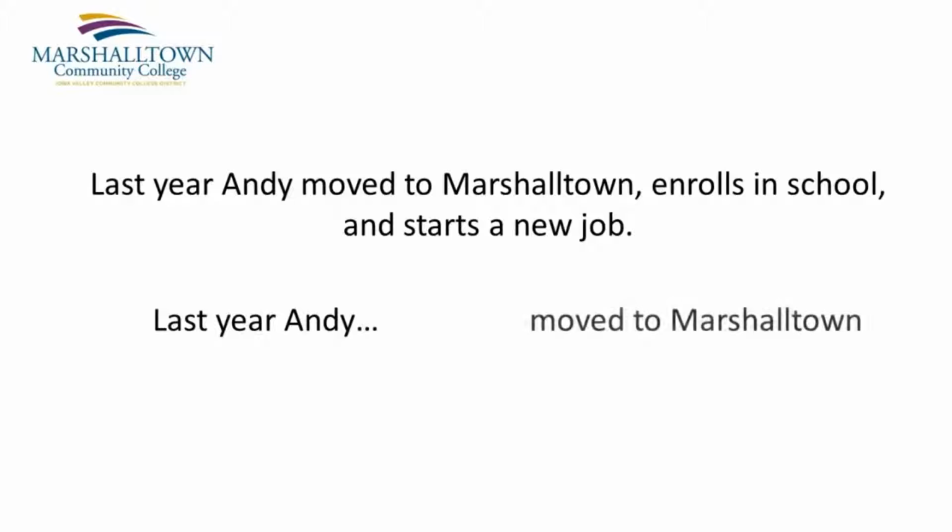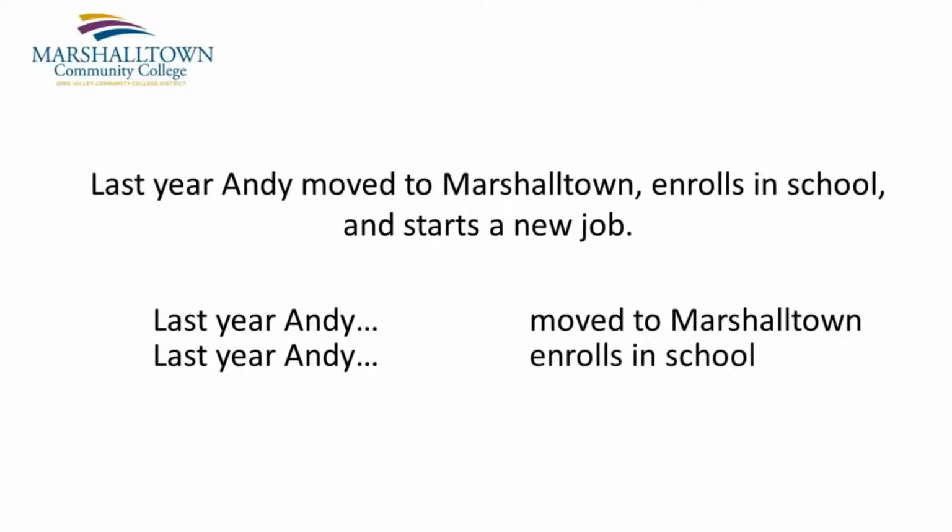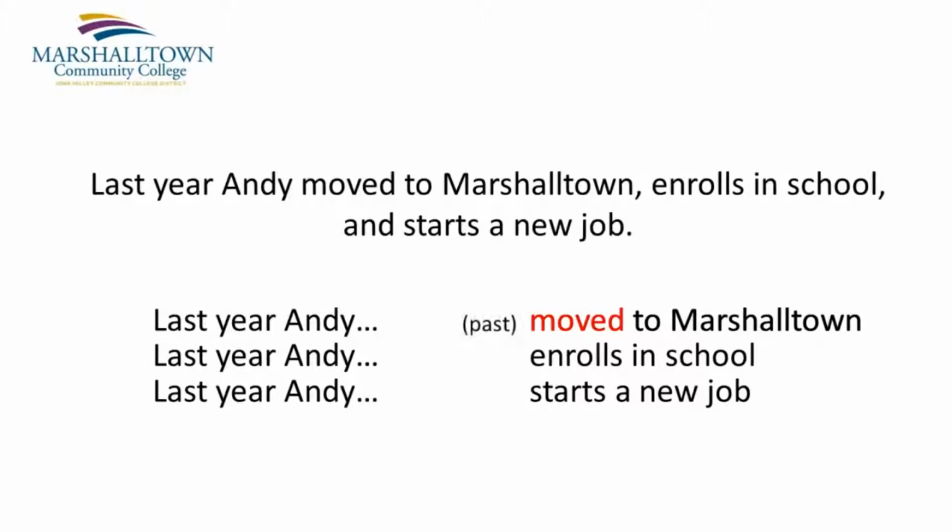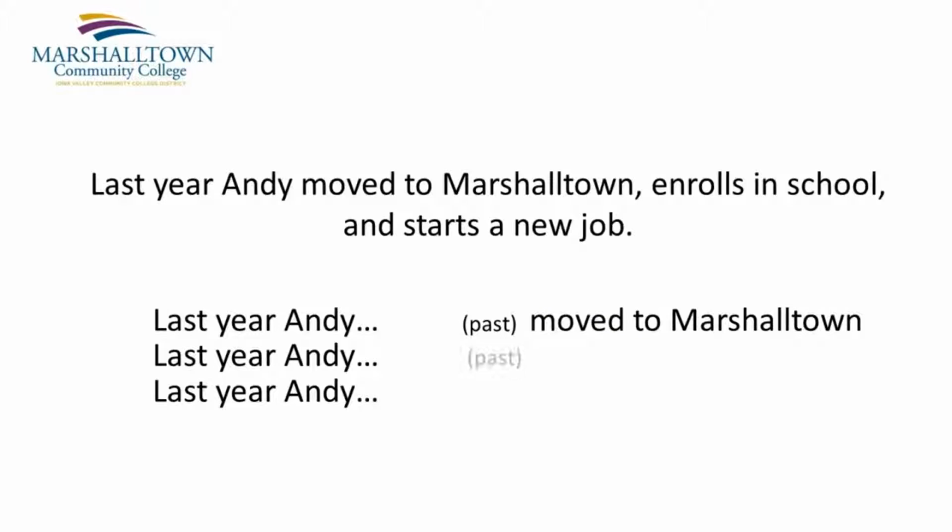Last year Andy moved to Marshalltown. Last year Andy enrolls in school. Last year Andy starts a new job. Notice how some of the phrases are referring to both the past and the present. That's an error in parallelism, which is fairly easy to fix simply by changing the tense so everything matches.